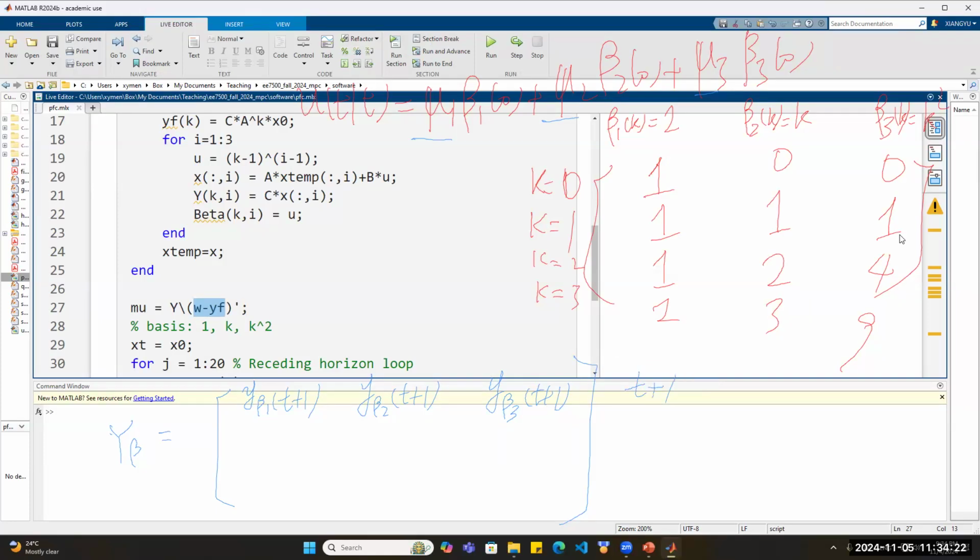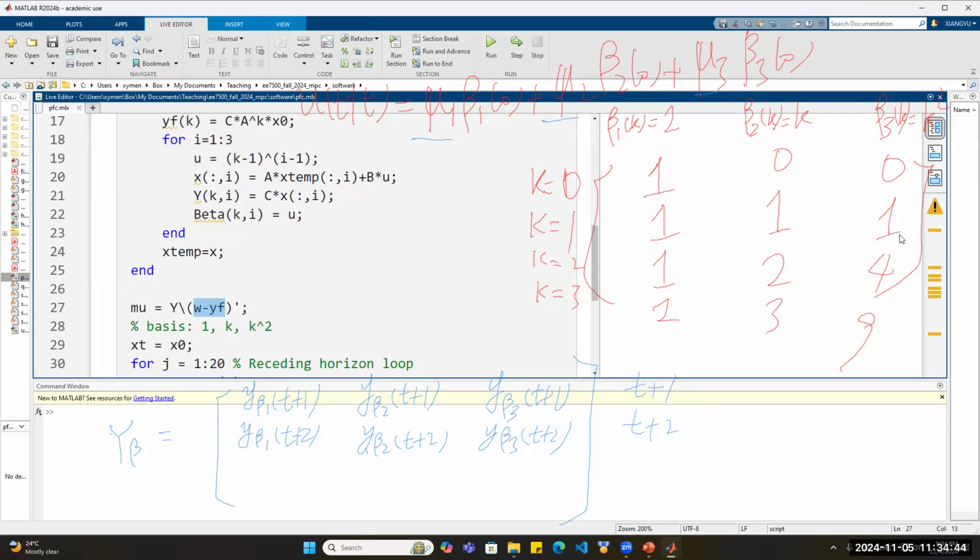Then for the next row, we have y beta 1 t plus 2, y beta 2 t plus 2, y beta 3 t plus 2, corresponding to time t plus 2.